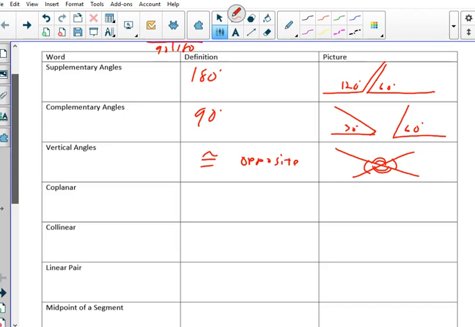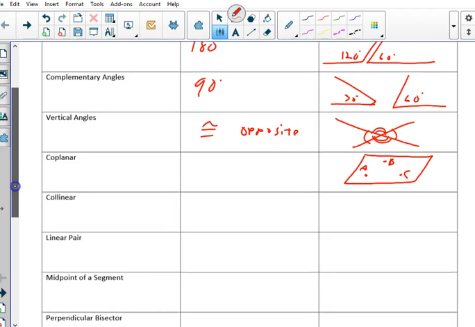Coplanar. We usually do like a slanted shape for a plane. Coplanar just means on the same plane. But they can't all be in a line, because otherwise, what distinguishes a line from a plane?